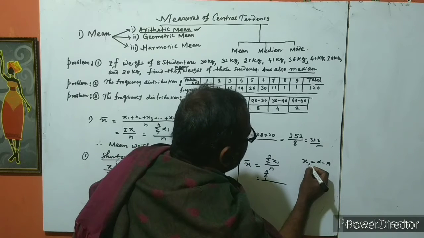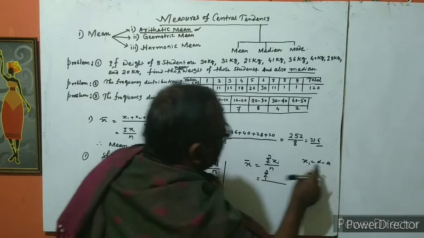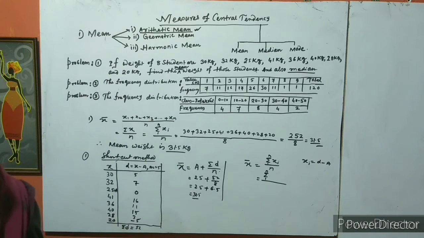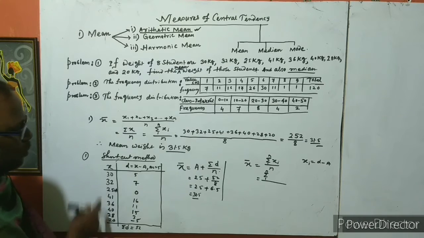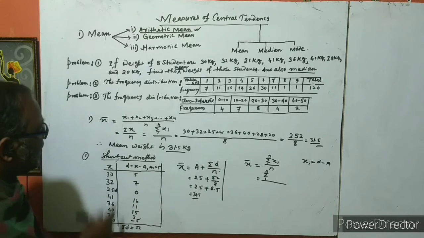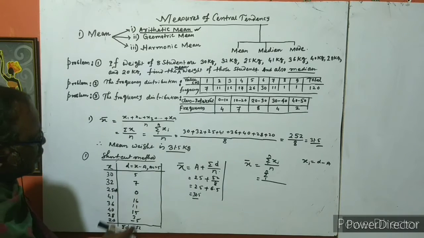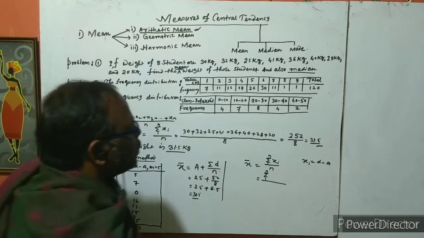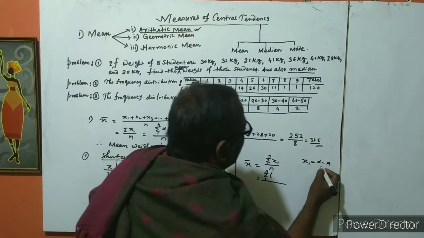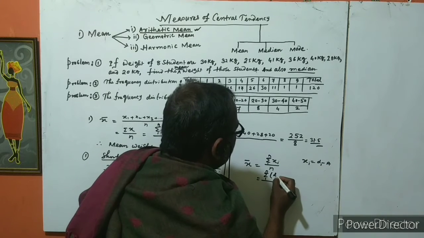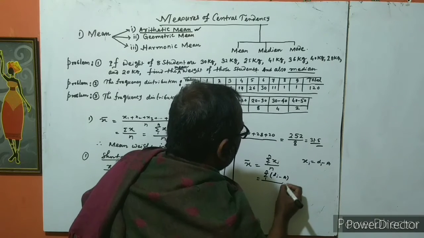We can write xi, and see, a is a constant. If we subtract a from each value, a does not change, but d changes: 5, 7, 0. So d is a variable. That's why in place of xi we can put di minus a, divided by n.